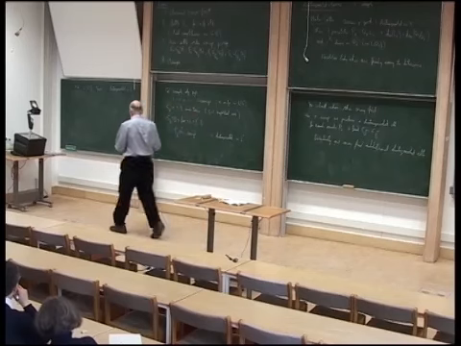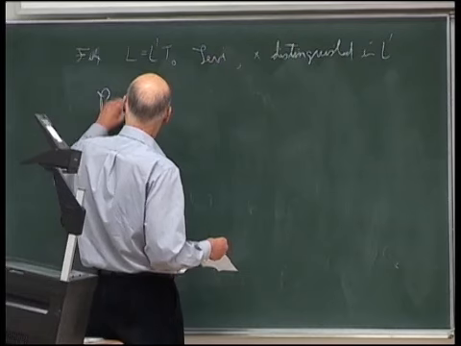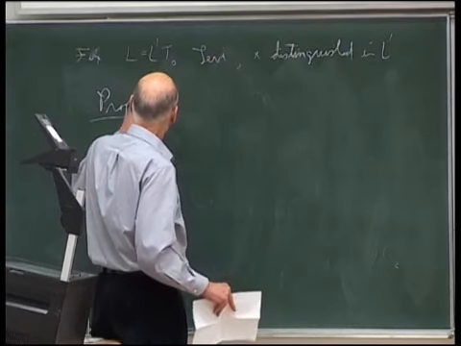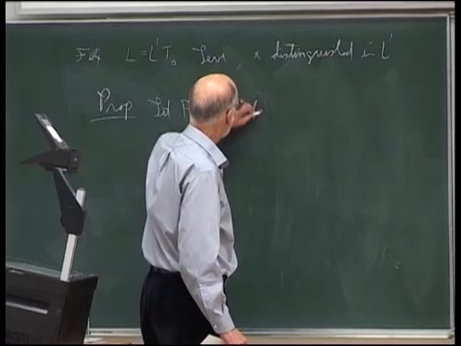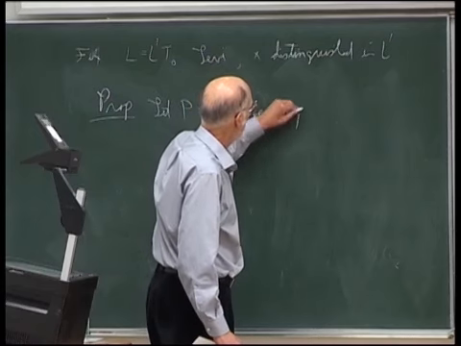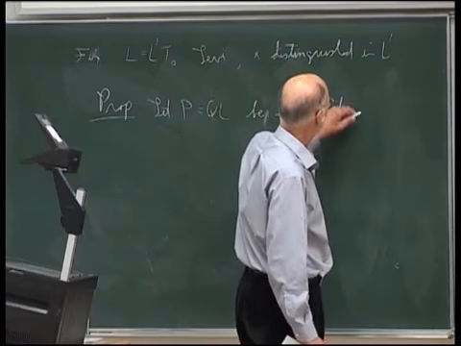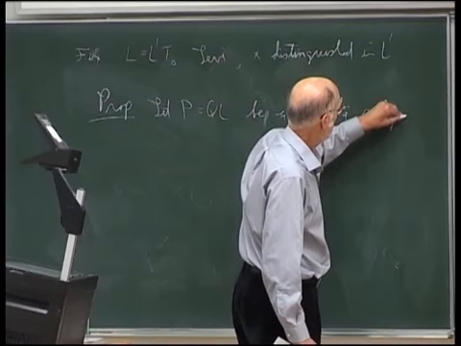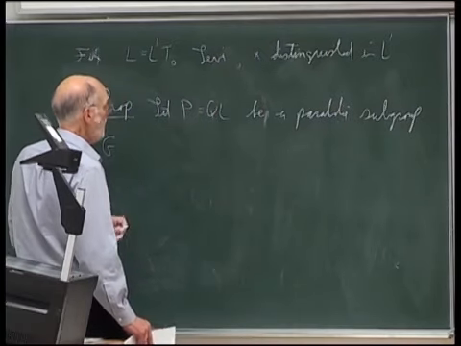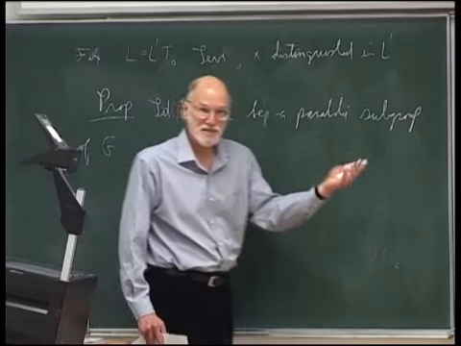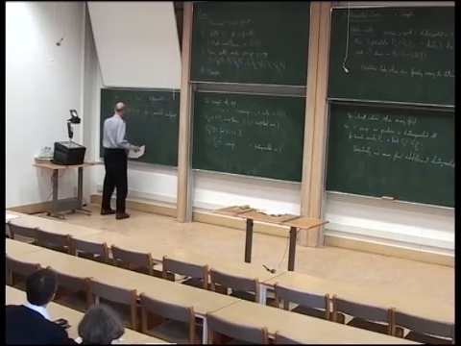And the first little proposition is this. Given this proposition, let P equal QL be a parabolic subgroup of G. So they all may live in several parabolic subgroups as the Levi subgroup. That's one of those. And then you get a little result like this.